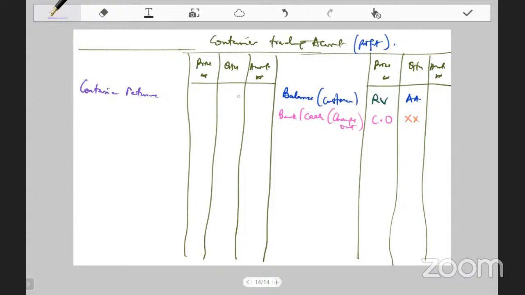The containers that are being returned, we have them in units. They will be valued at their returnable value. Please note that amount will be accounted for.